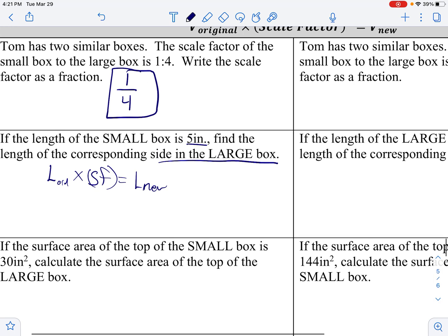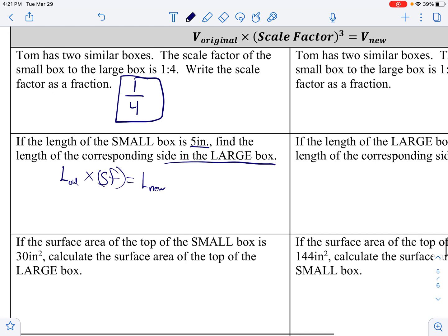So let's zoom in here. Old, new. My scale factor I know is 1/4, but I want to be careful here.